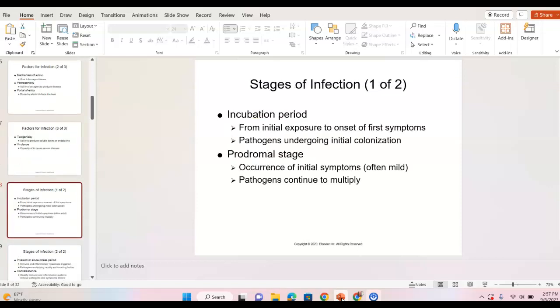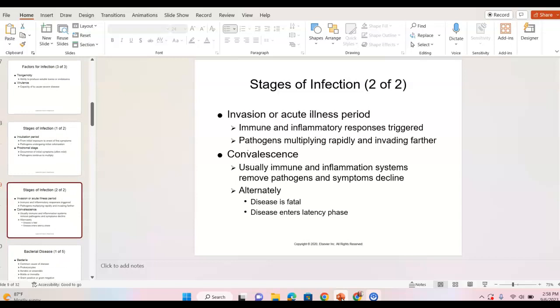Incubation period is that period where you're sick and you're not showing it yet. Okay, you're incubating those little stinkers. The prodromal stage is when those initial symptoms start and the pathogens continue to multiply. Once again, I'm going through this quickly because you should be familiar with it. And if you aren't, it's pretty straightforward. So, stages of infection. Invasion or acute illness period is when they are rapidly multiplying, and then those immune and inflammatory responses are triggered.